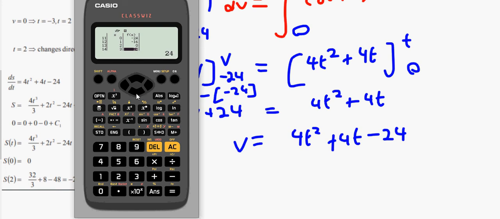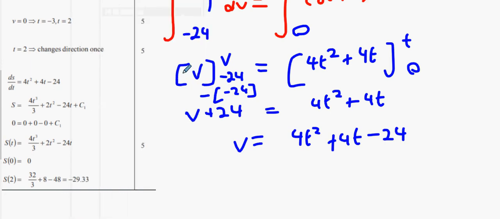Then it goes up to positive 24. So what does that mean? It changes direction once. It went from minus 16 to 0 back up to plus 24, and it's going to stay increasing for the rest of it now. So it changes its direction only once.